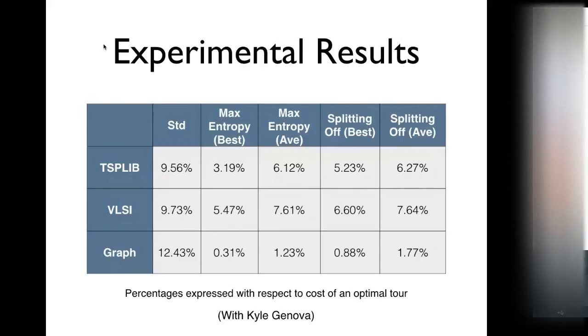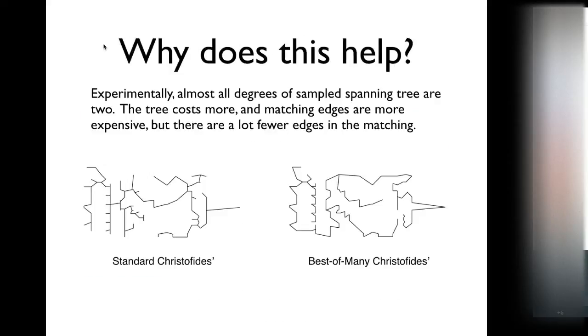So why does this work? I mean, why does best of many Christofides do better than what Christofides is doing? Heuristically speaking, I think the answer is that this sampled spanning tree that we get ends up having lots and lots of vertices of degree 2, which means that if you look for odd degree vertices, they're kind of few and far between.